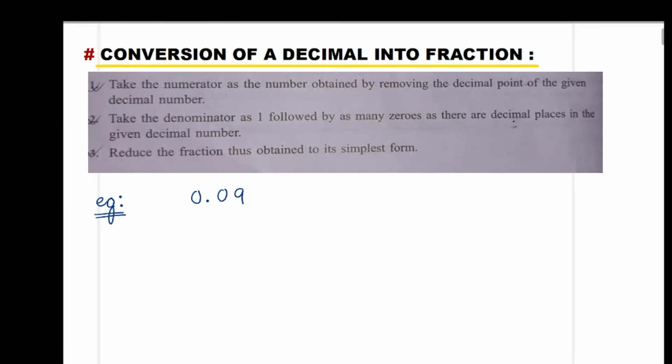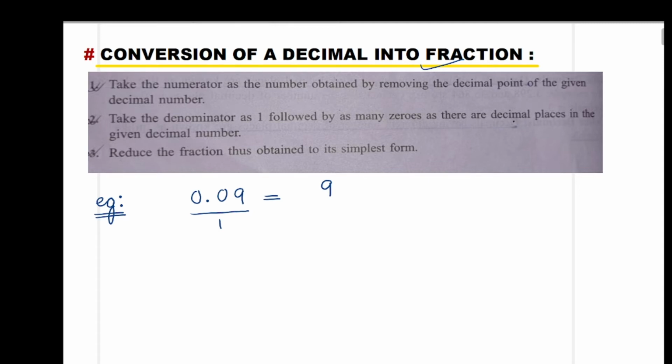So this decimal you have to convert into fraction. So what to do? Take the numerator as the number obtained by removing the decimal point. So here without considering the point we have to take the numerator. Now we have to consider this number without decimal point. That means it is 9.